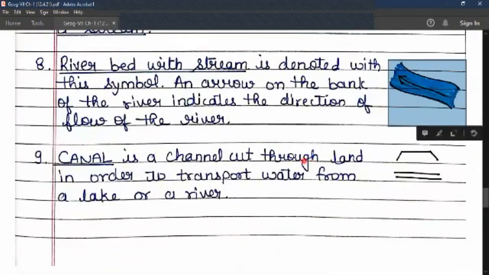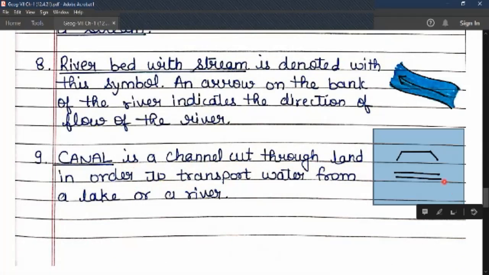Next is a canal. Canal is a channel cut through land in order to transport water from a lake or a river. It is being represented like this symbol on a topographical map.